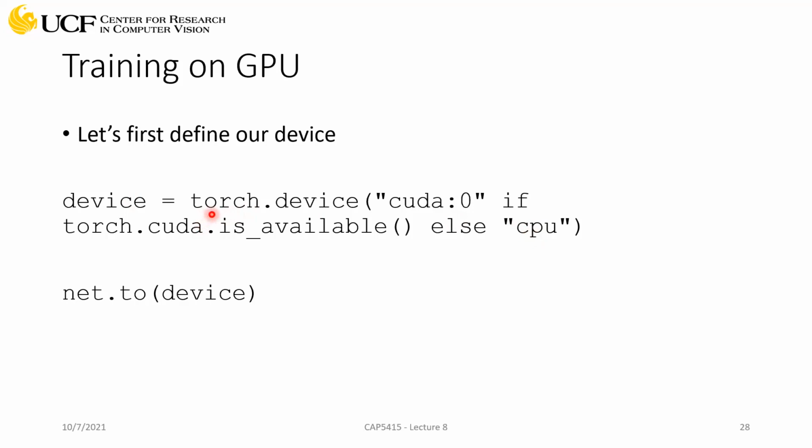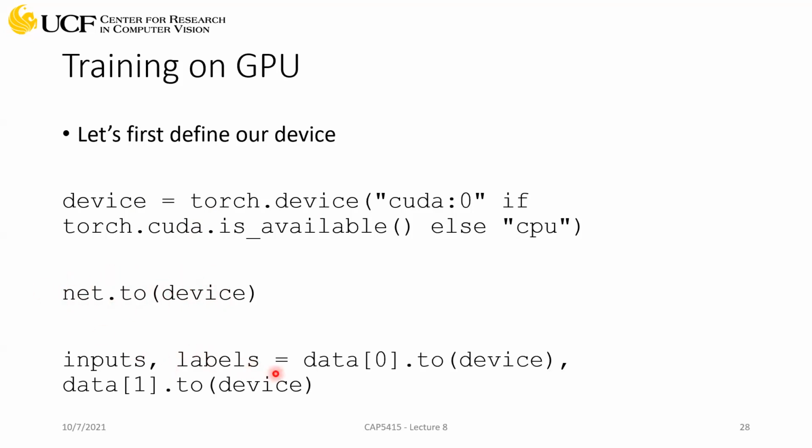And what you'll have to do is transfer your network to the GPU device, and that's the function you use for that. Okay, and then you'll have to shift all the data to GPU as well. So whatever data you're going to pass to this network, you just do .to and the device ID, and this is just sending the labels to the device. So now this data over here is not on CPU.